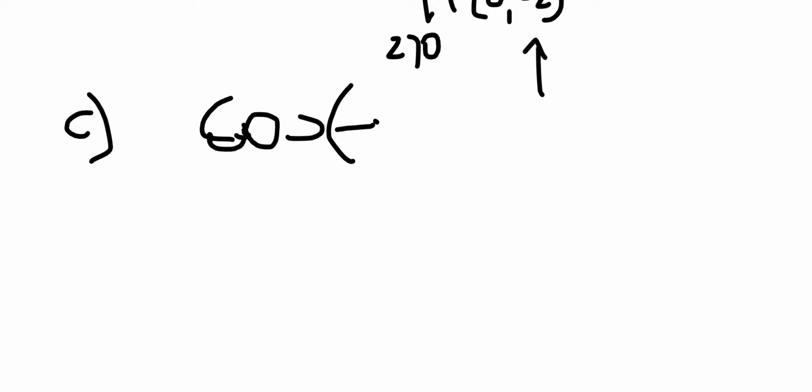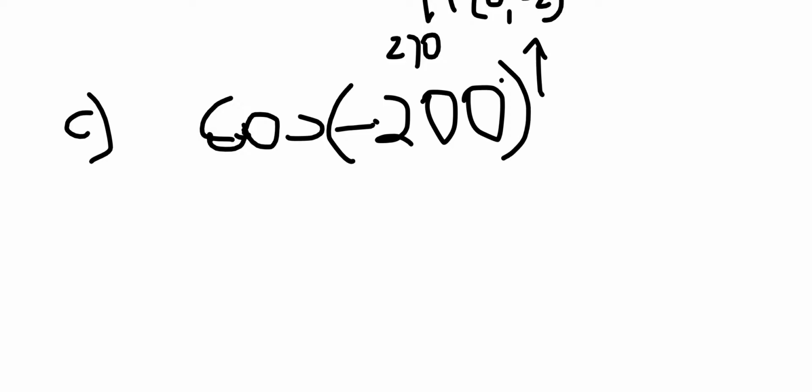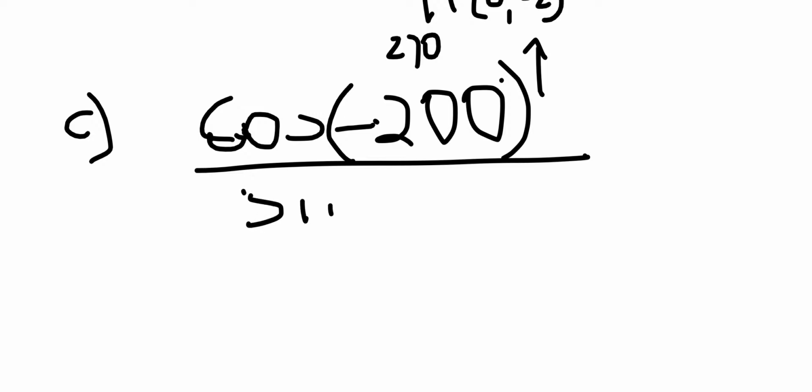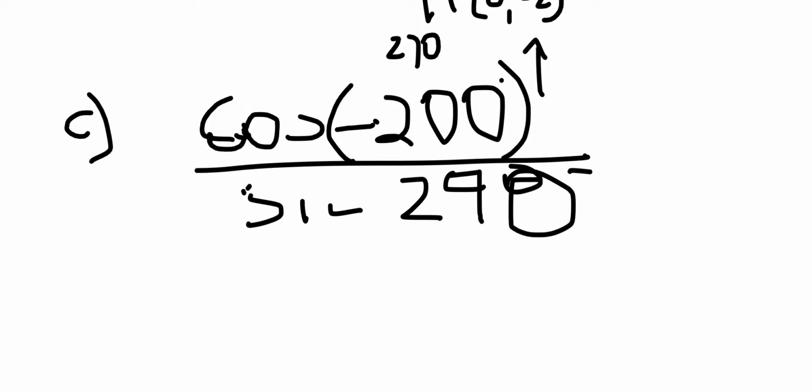It's supposed to be 200 there. Yes. Let me just write slowly. 200 degrees over here, let's say sine of 290 degrees, not 270 but 290 degrees.